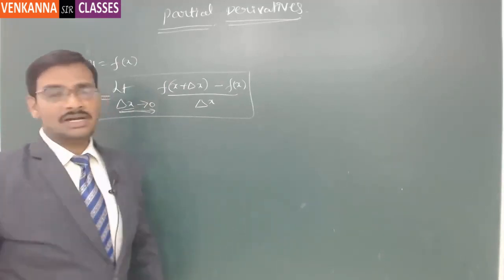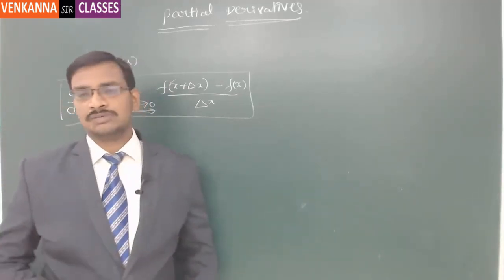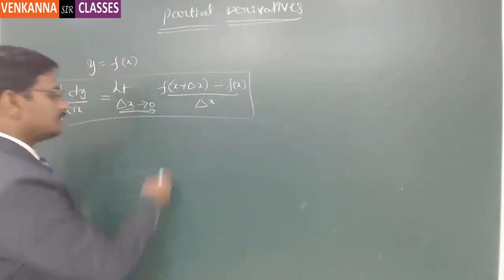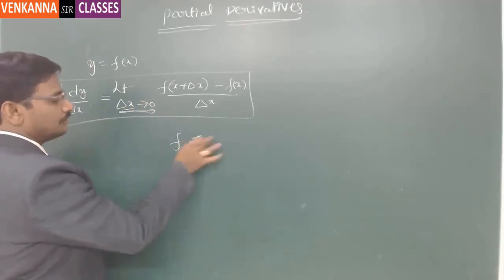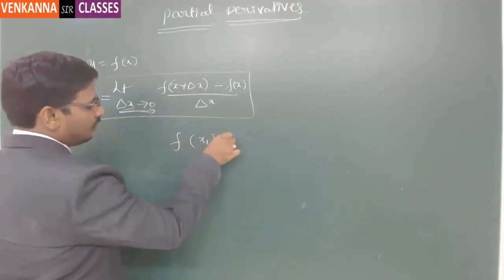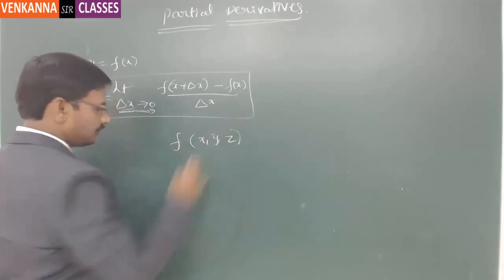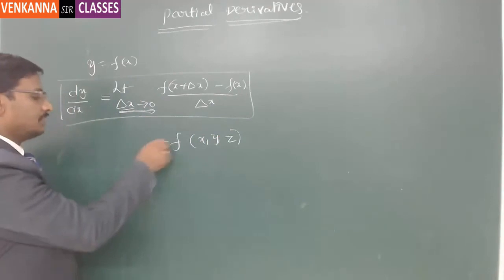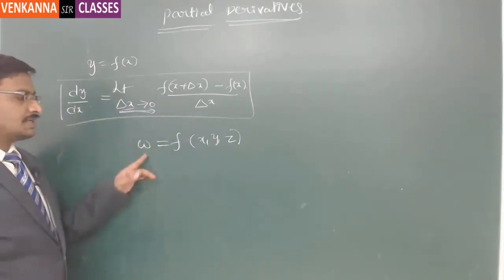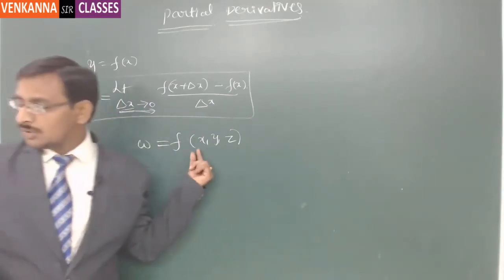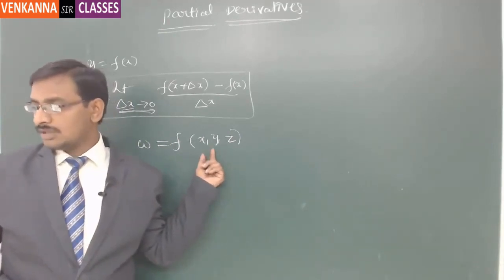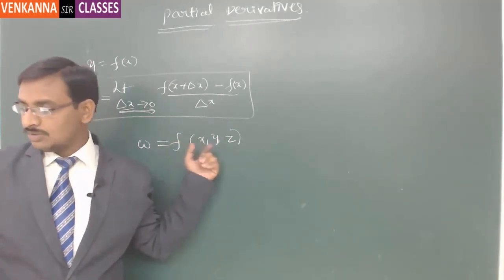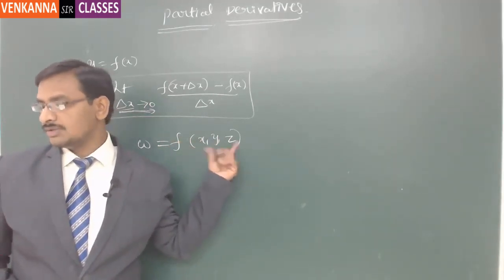Now the partial derivative is nothing but a little extension to that. Take a joint family where multiple people are there. Suppose I have a random function, f of x comma y comma z. In that, there are multiple people involved. Suppose I call this w, then there will be a change in w according to the variable x, or a change according to the variation in the value of y, or a change according to the change in z.